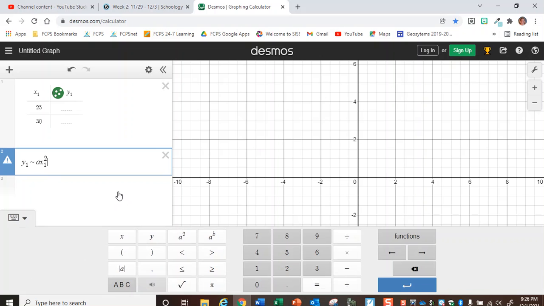So I got to square it, and then I've got plus bx1, and then plus c. All right, and then when I do that, I will then have values for a, b, and c down here below.